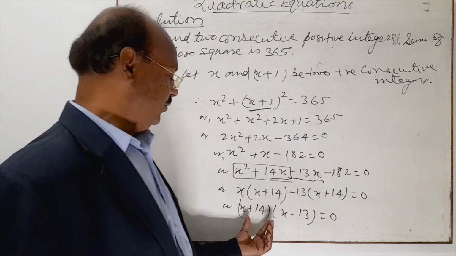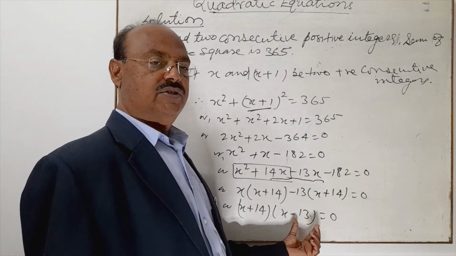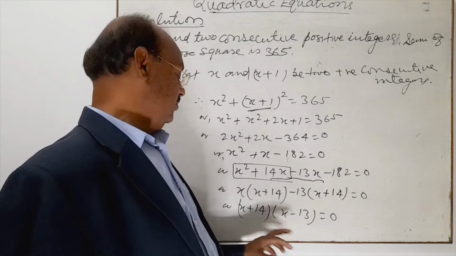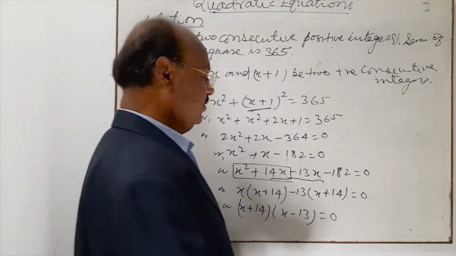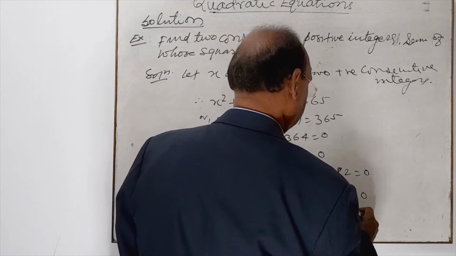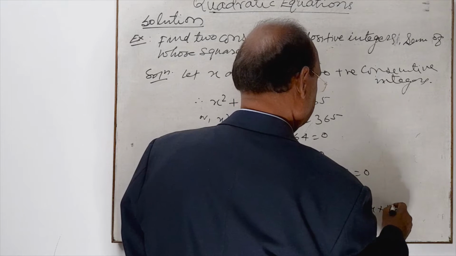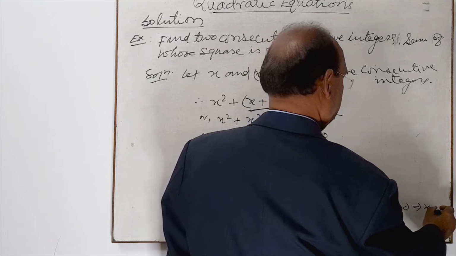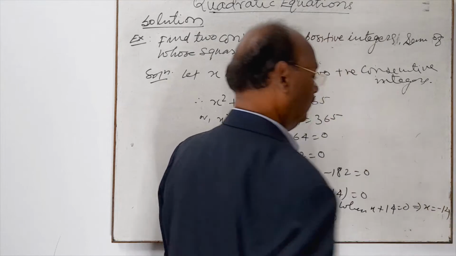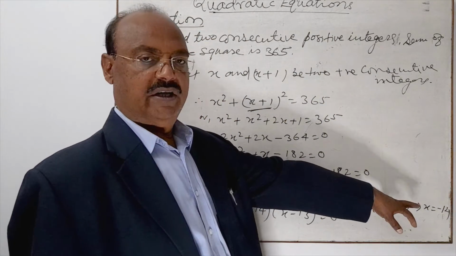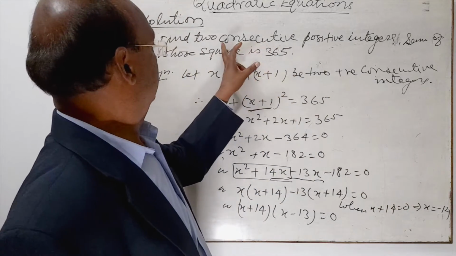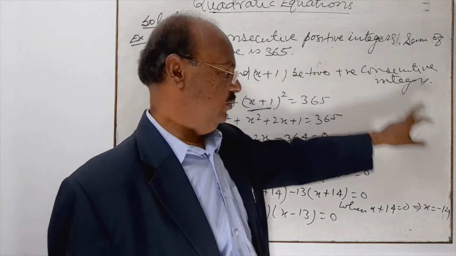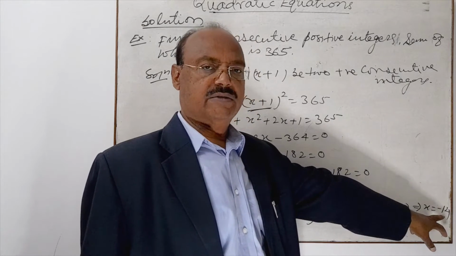As you know, if the product of two linear expressions is 0, either this part will be 0 or this part will be 0. When x plus 14 is 0, you will get x is equal to minus 14. That is not acceptable here, because the question already says that the integers should be positive, but this is a negative integer, minus 14.